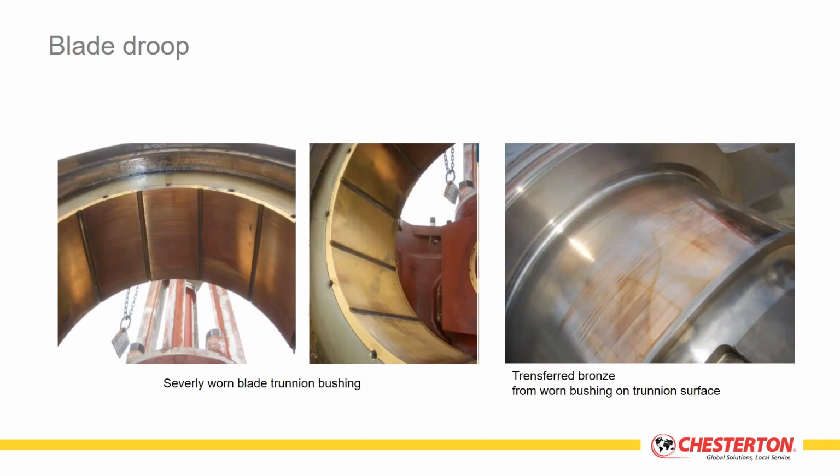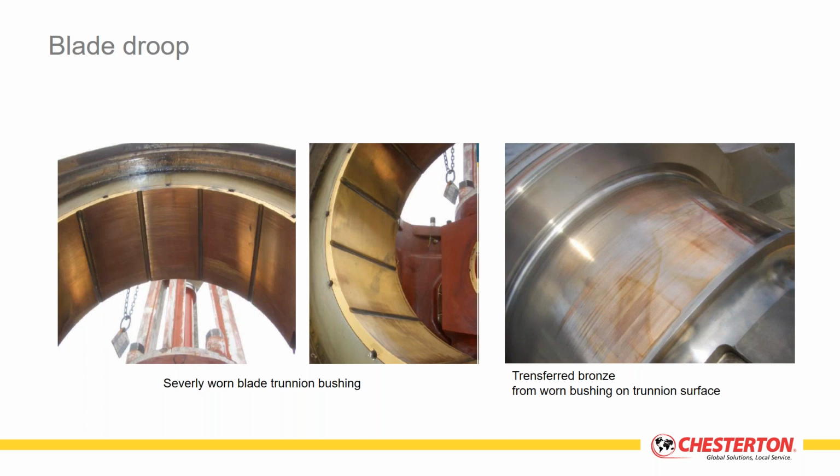Just a few examples of what you can see in the pictures. Several Devon blade trunnion bushings on the left hand side after a few years of operation, thanks to the fact that there is no proper lubrication and there is no possibility that the oil film would build up between the trunnion and the bearing itself.